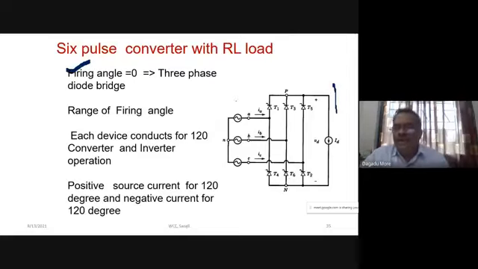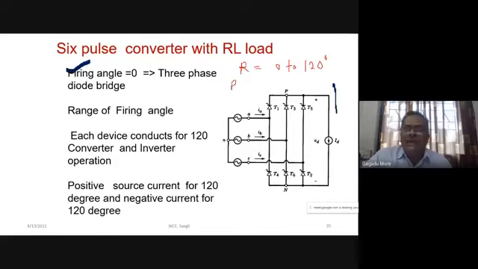Depending upon the load, if we are having only a resistive type load, then our range of alpha is 0 to 120 degrees. Particularly for resistive load, our range of alpha is 0 to 120 degrees.